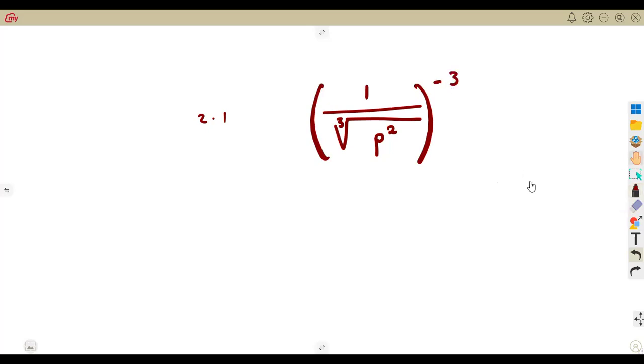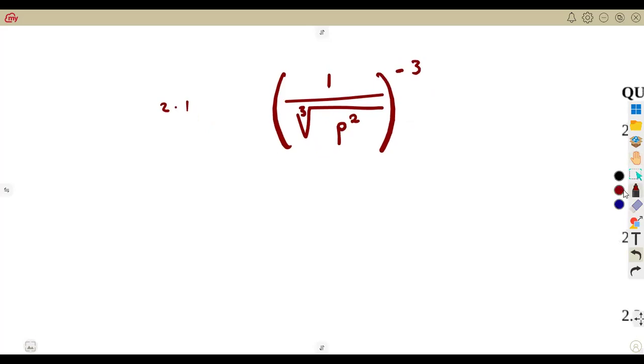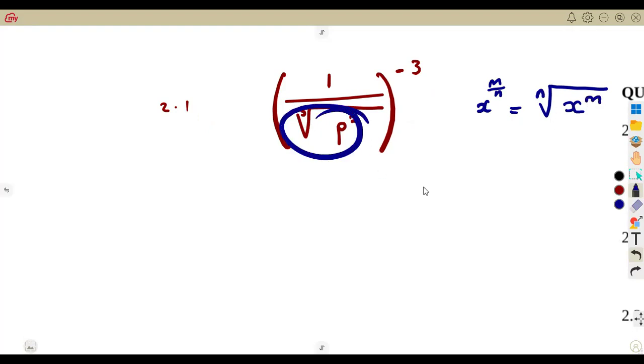So exponents, it's all about the laws. Let's start with this one. X raised to the exponent of m over n represents the nth root of x to the exponent of m. Are we seeing that happening here? This is our n, this is our m.